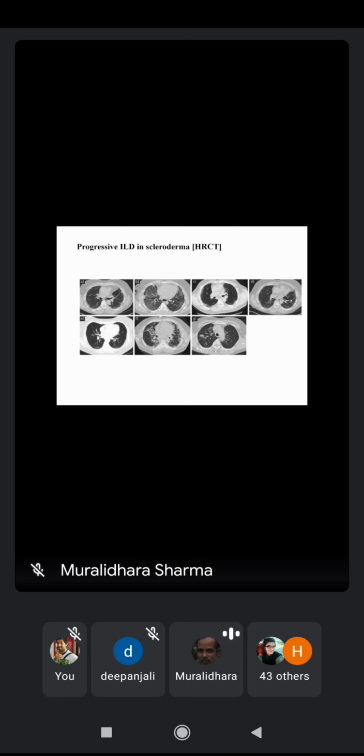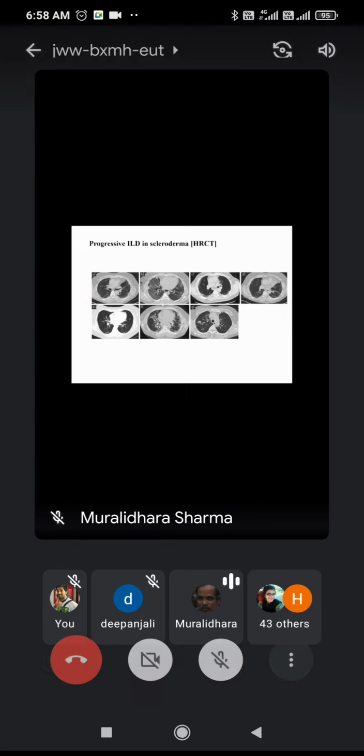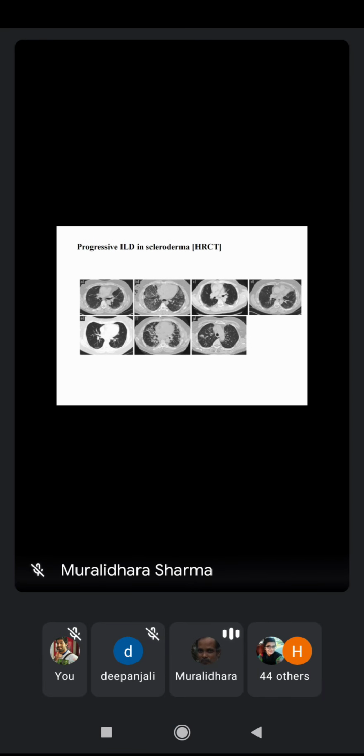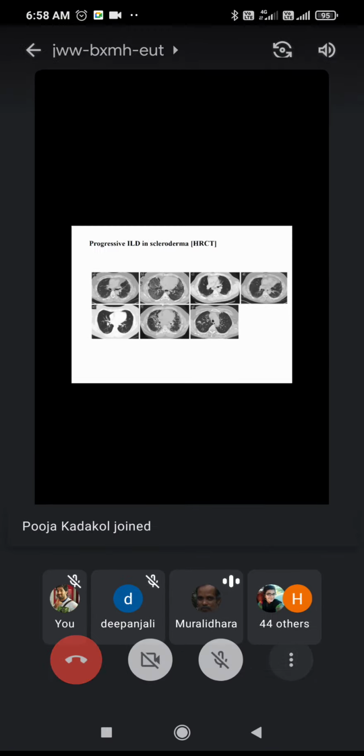There is a difference in the intensity of the features seen. Of course, if a plain X-ray was done at that period, probably the changes may be seen, but the changes might not be as conspicuous as in a CT image.